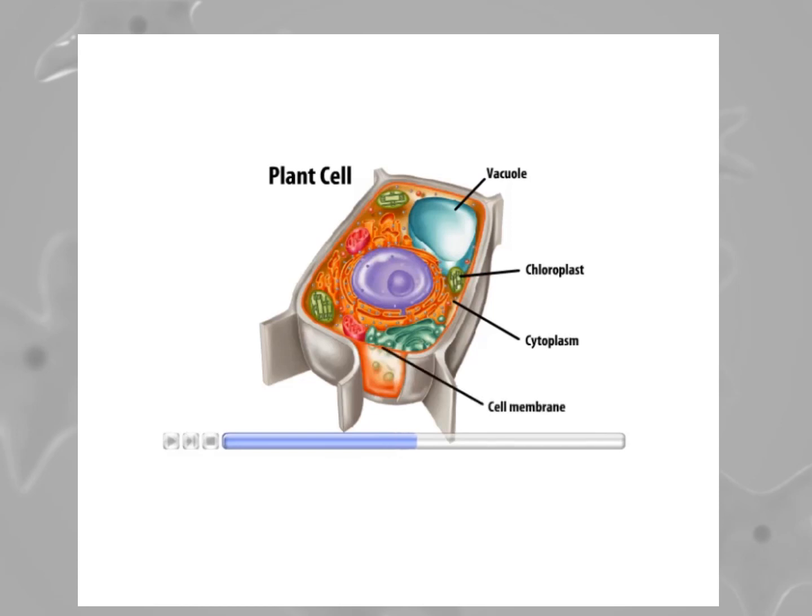The cell membrane helps control what enters and leaves the cell. The cell wall provides support and protection. Chromosomes are in the nucleus. They contain DNA, a chemical that determines which traits an organism will have. The nucleus controls most of the cell's activities. A mitochondrion converts food energy into a form that the cell can use.